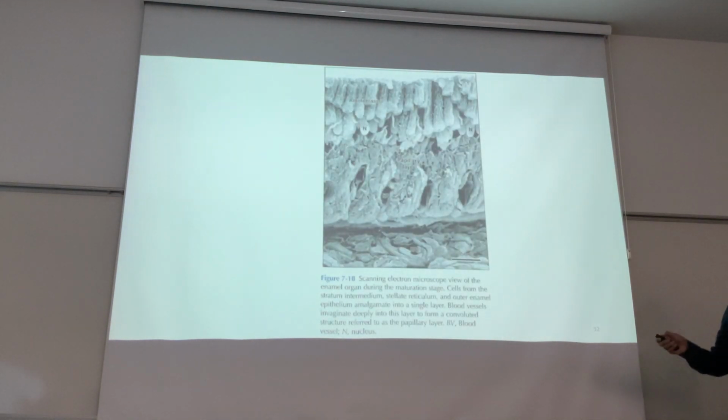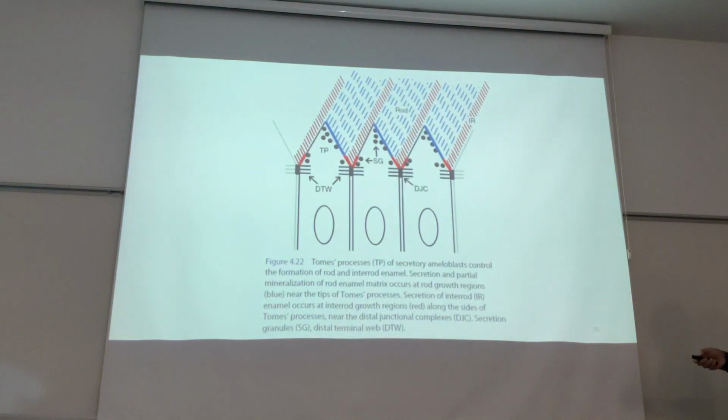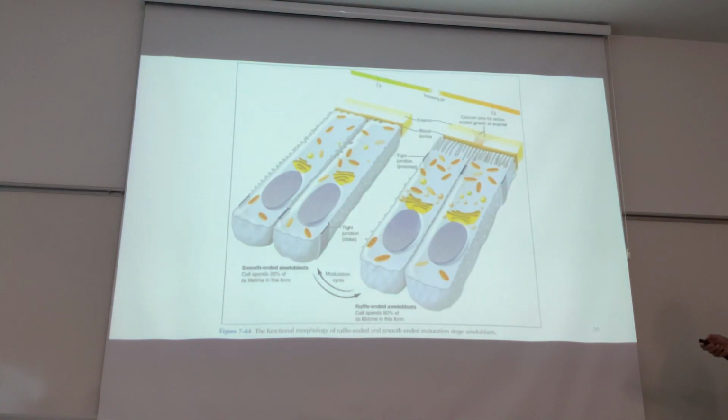Again, you can see simply, this is the Tomes process head. Not important. Again, in this part, you can see the rods and interrods structure. And here you can see the smooth cells and ruffled cells.